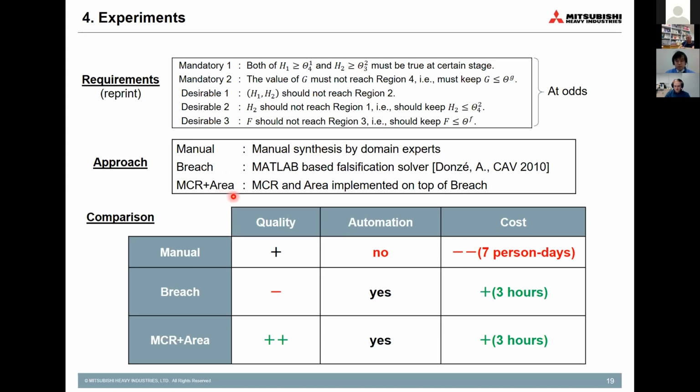In this approach, we implemented MCR plus area modality on top of Breach. And we reduced the conjunctive synthesis to multiple constraint optimization. Compared to baselines, our approach was better in quality and cost. On the next page, let's see the simulation result performed at each synthesized parameter.